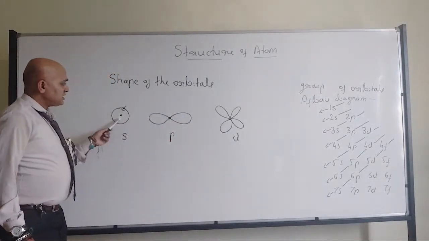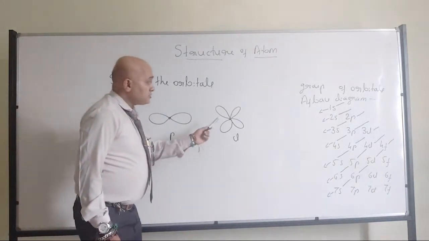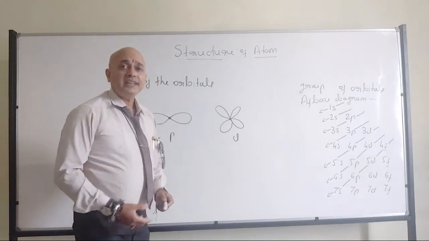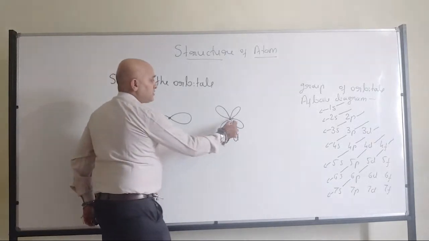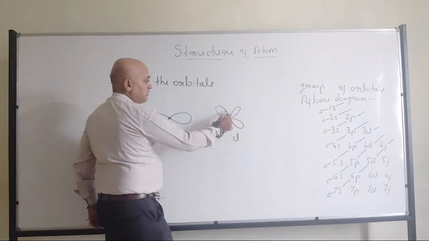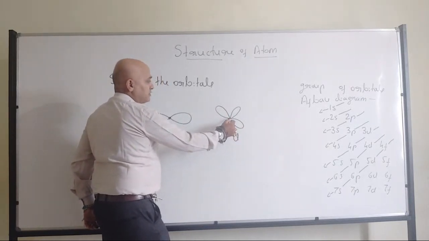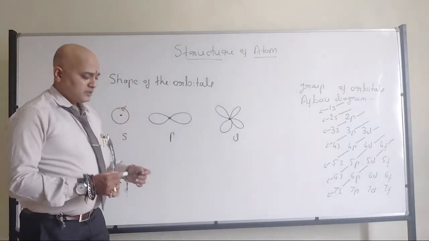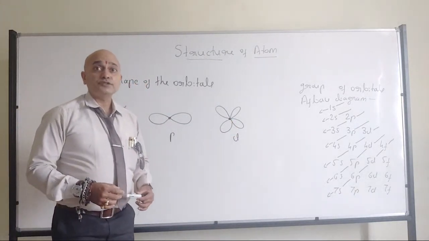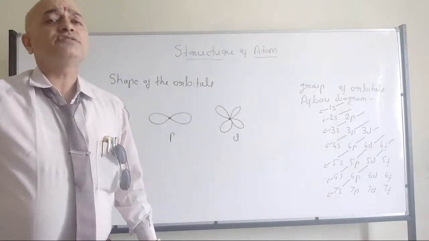It's not constant like that of the s subshell electrons. Now when it comes to d, much more variation is there. So electrons will be far, then come near, once again far, and come near to the nucleus. So lots of variation when it comes to d. And when it comes to f, too much variation.